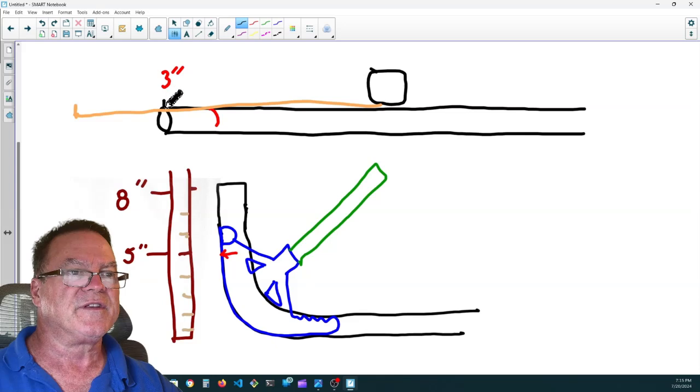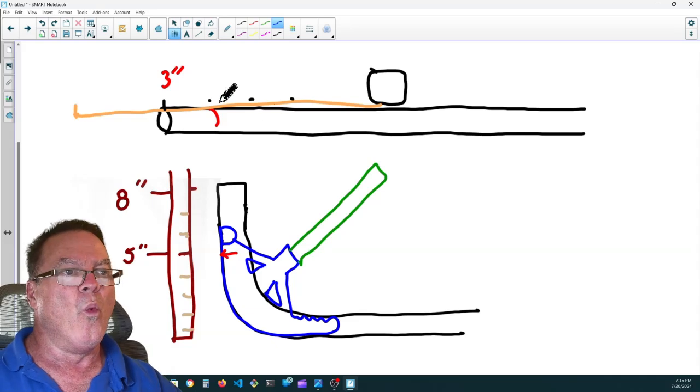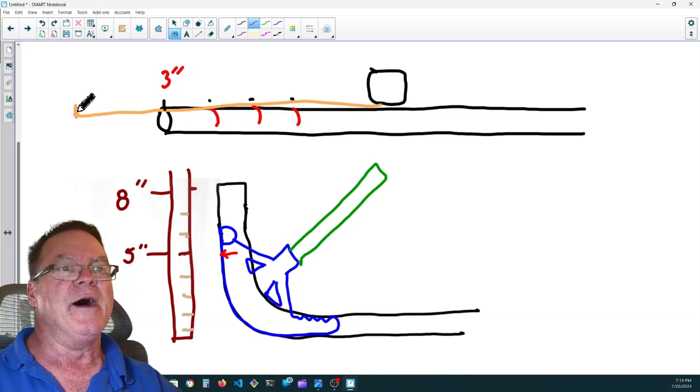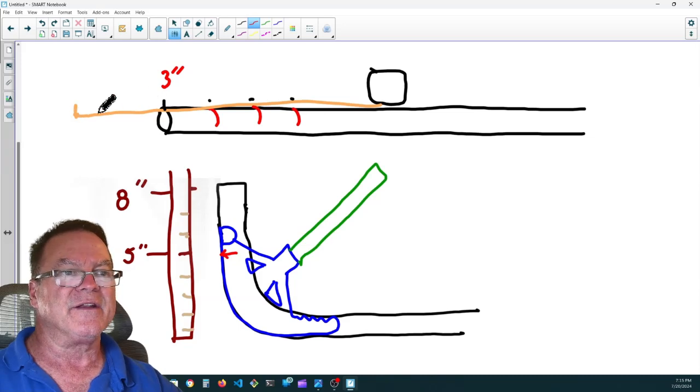So if this is the 5-inch mark on my tape measure, now this would be 8, this would be 10, this would be 12. You can mark on the pipe whatever the mark is, 8 inches mark 8, 10 inches mark 10, 12 inches mark 12. You've already taken the deduct, you've subtracted it by hanging it over the end of the conduit.